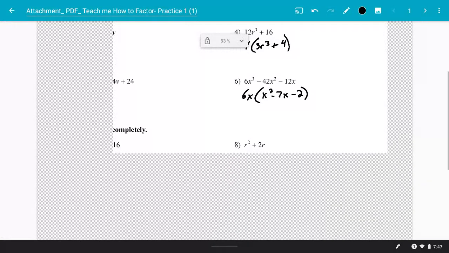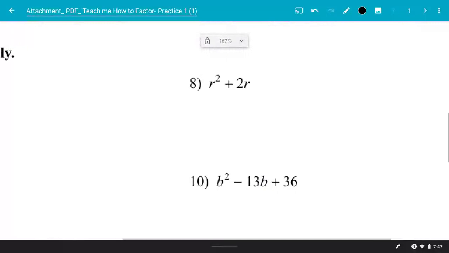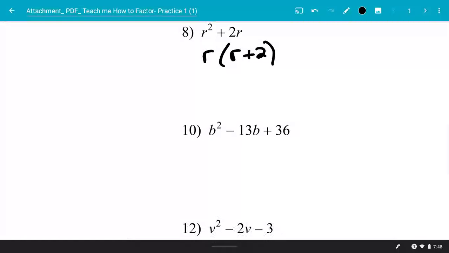All right, moving on to the next section, we're going to factor completely. Number 8. I can pull out an r, and I'm left with r plus 2. Number 10, there's no GCF, there's no leading coefficient, so I'm going to split in signs, put a b in each. My signs are the same, both negative.